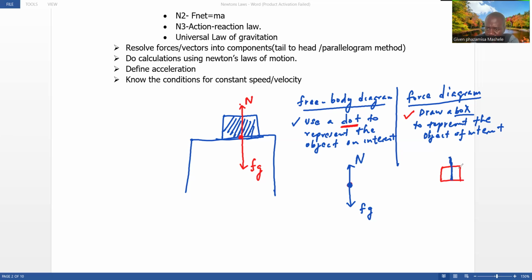So it's still the normal, and we still have the force of gravity. We represent all the forces, but this time around, we draw the box to represent the object of interest. So that's the difference between a free body diagram and a force diagram.